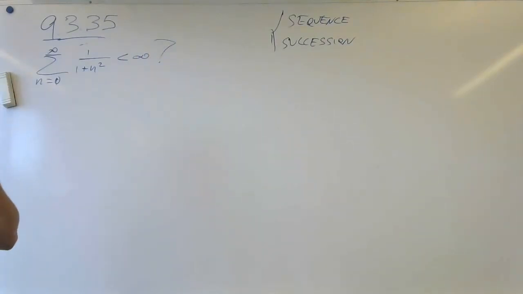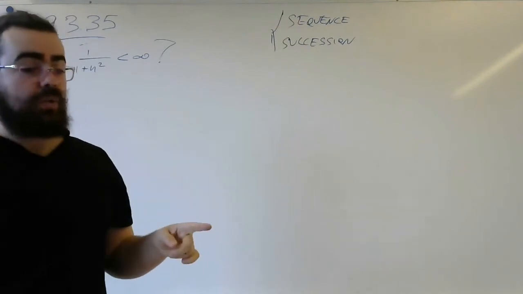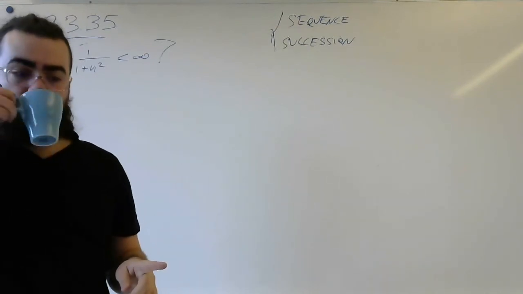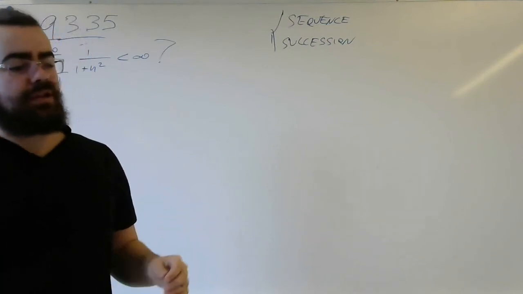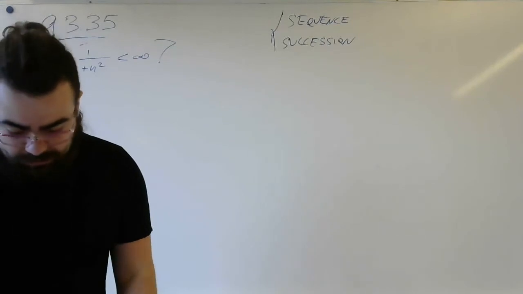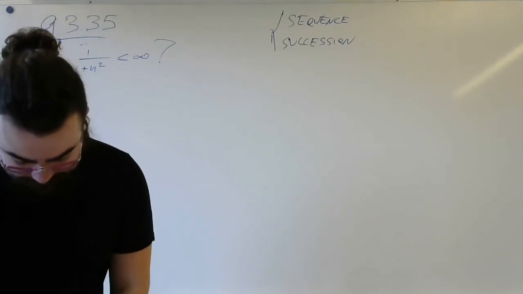As for number 35, we wonder if that series converges. We already know that it converges. And we also know that its sum is somewhere between 0 and pi squared over 6. But we are asked to use an integral test.